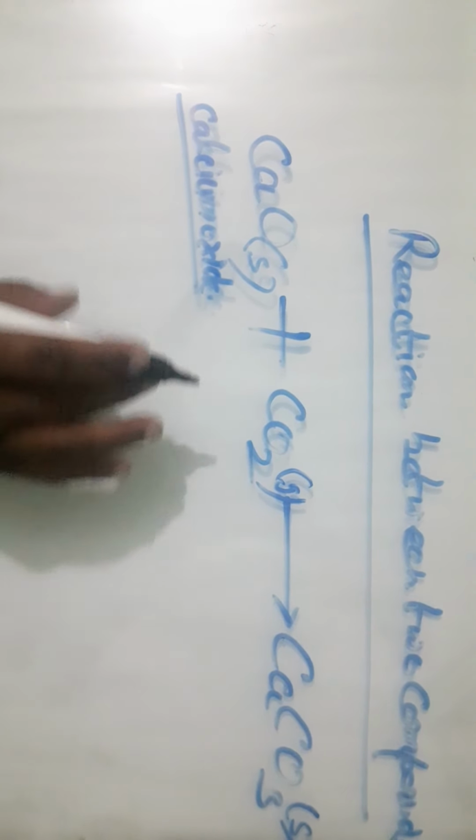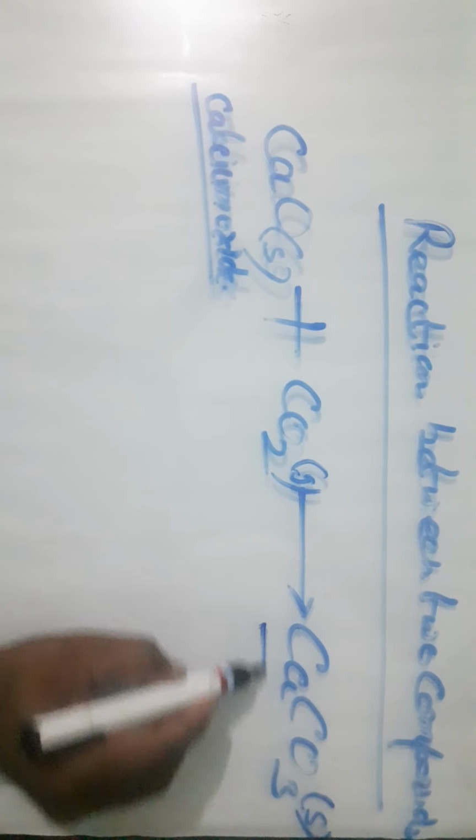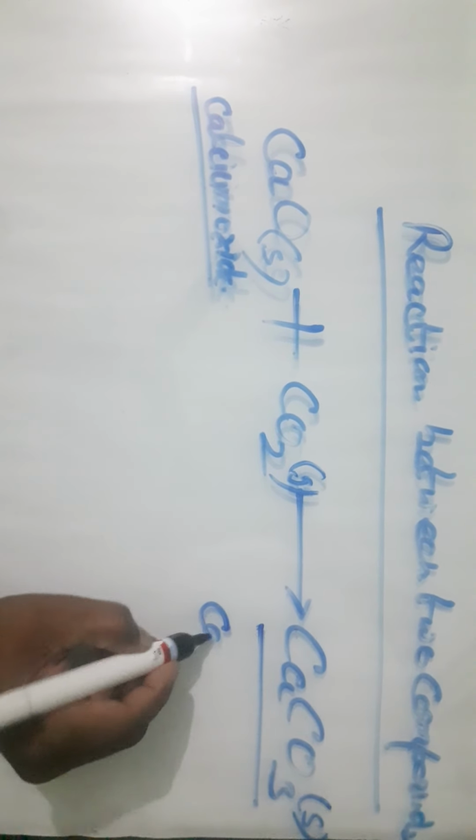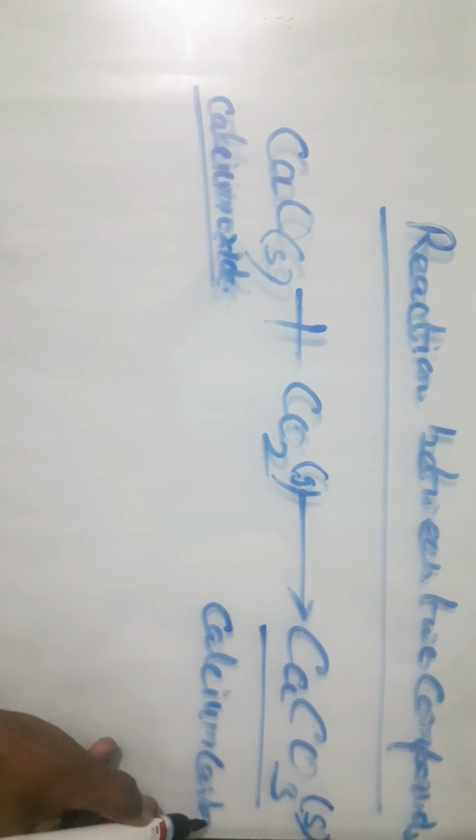In this reaction, we can see there are two compounds, calcium oxide and carbon dioxide, reacting together to form a single compound, calcium carbonate.